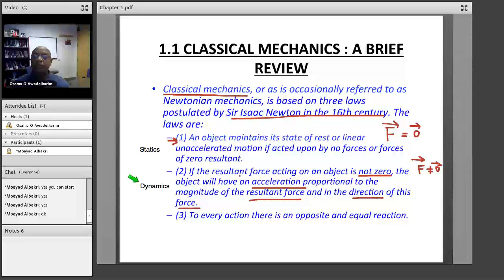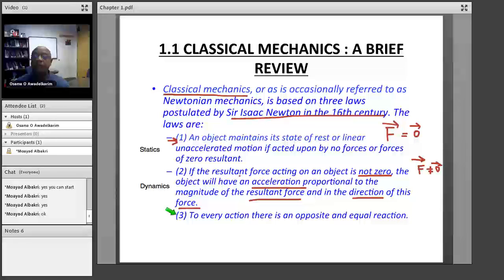Now the third law, which is that to every action there is an opposite and equal reaction, is a law that deals with interaction between surfaces, between bodies. If bodies are brought in contact with one another, then they exert action-reaction type of forces, and these forces are equal and opposite.